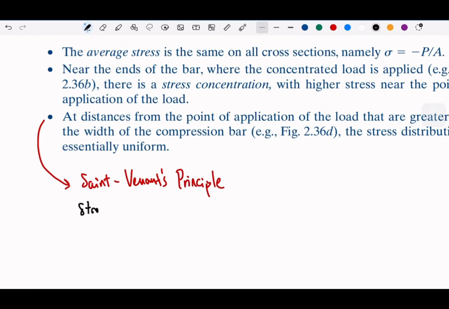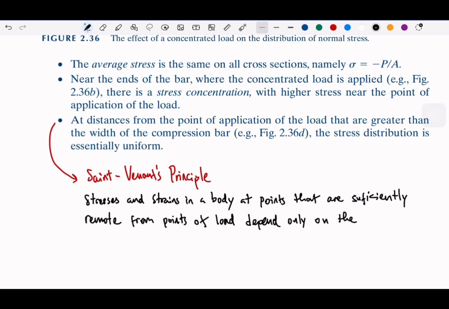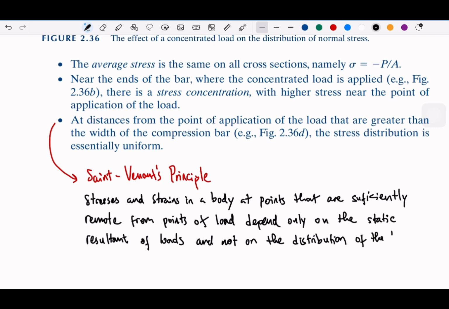It says that stresses and strains in a body at points that are sufficiently remote, quite far from points of load, depend only on the static resultant of loads and not on the distribution of the loads.